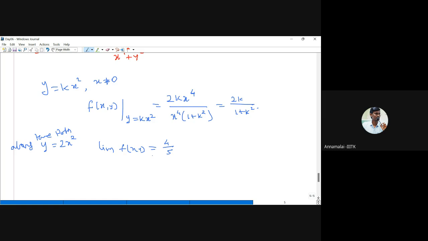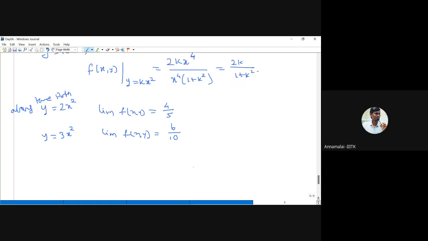So along this direction, the limit value is 4 by 5. Suppose we take along the path y equal to 3x square, then what is the limit? Just substitute k equal to 3, therefore 6 by 10, right? Because 3 square is 9, plus 1 is 10. So these are different values. Therefore, if we take two different paths, we get different limits.